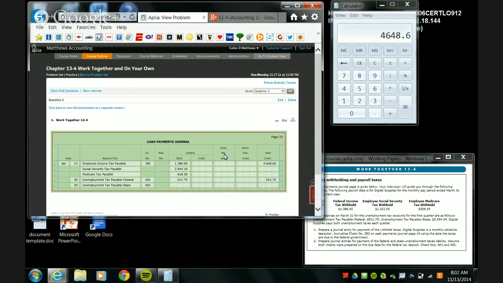Okay, so we don't have a specific column that says unemployment tax payable federal. So we put it in the general amount as a debit because, again, we're zeroing out this normal credit balance because it is also a liability. And then we're going to do the same thing here.